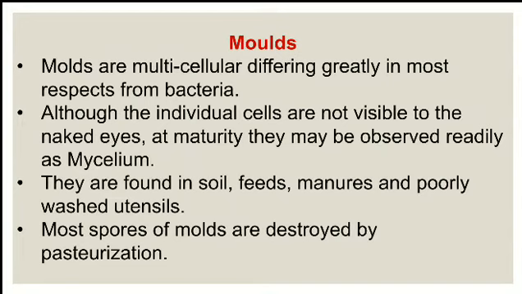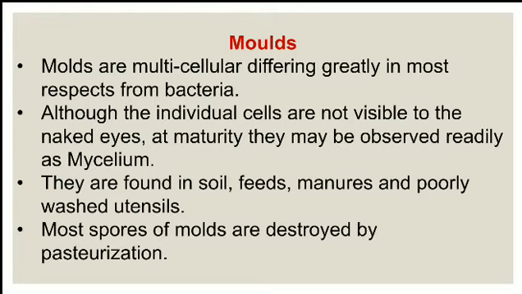Next is the molds. Molds are multicellular, differing greatly in most respects from bacteria. Although the individual cells are not visible to the naked eye at maturity, they may be observed readily by mycelium.